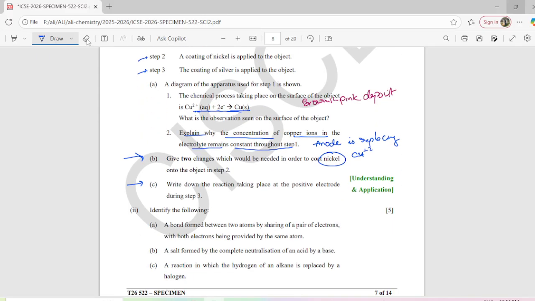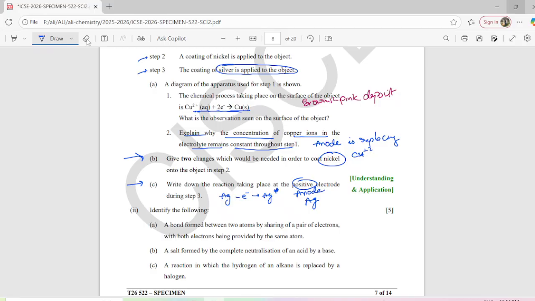Next, question C. Write down the reaction taking place at the positive electrode. Positive electrode means it is the anode. So step 3 is coating with silver. So at the anode, the silver anode will be ionized to give silver ions, because in the third step, when you electroplate with silver metal, you will take an anode made of silver.